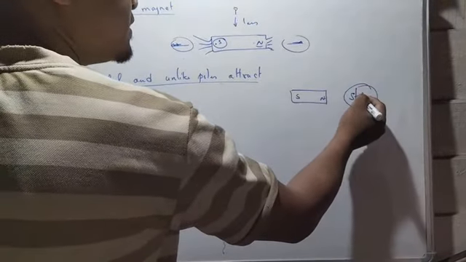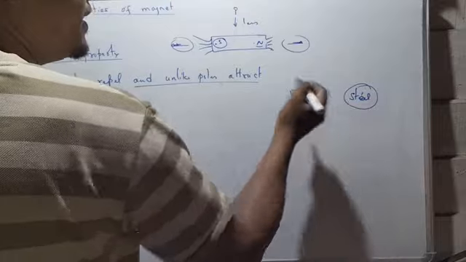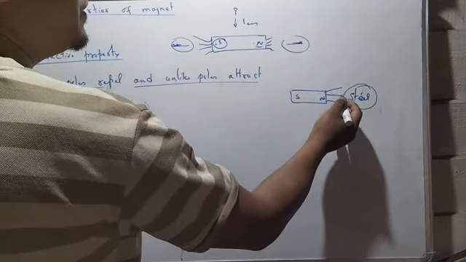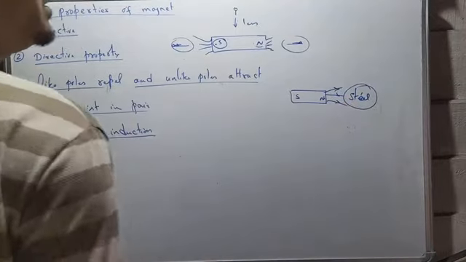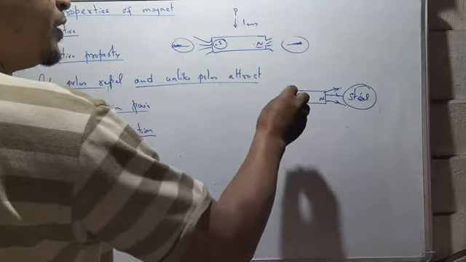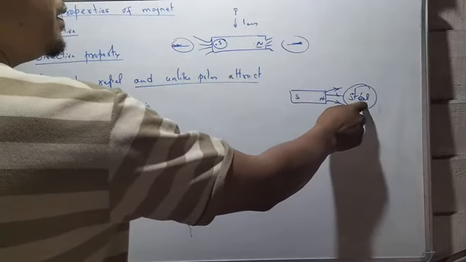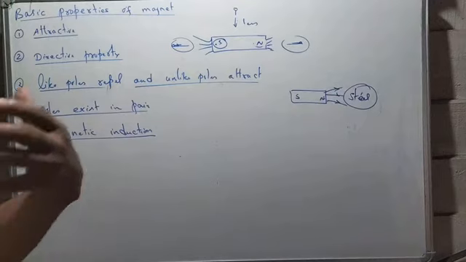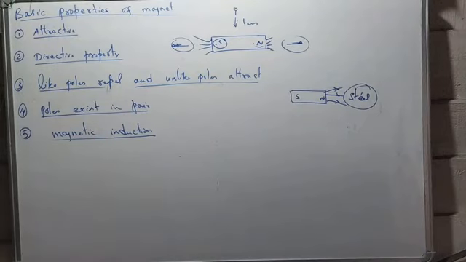If you place this steel near this magnet, then this magnet will induce a magnetic field, or magnetism, in this substance. And now this substance becomes a magnet. So this property is known as magnetic induction.